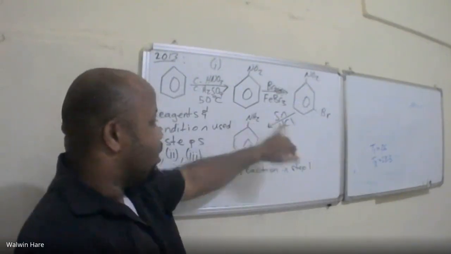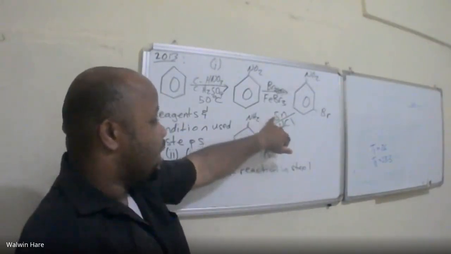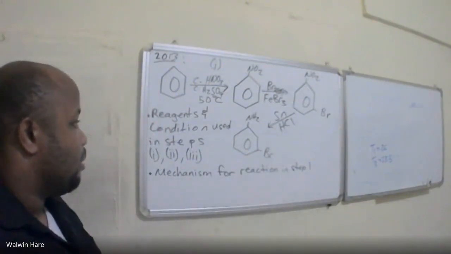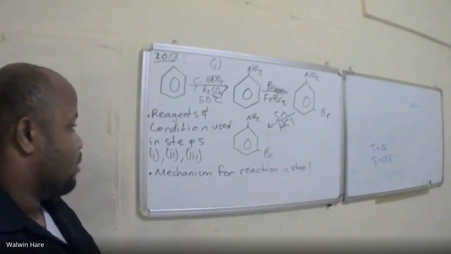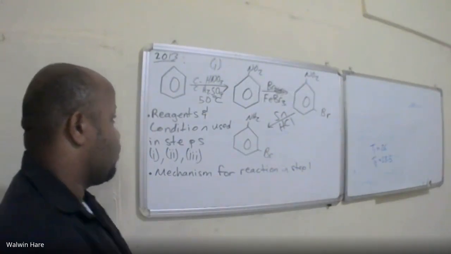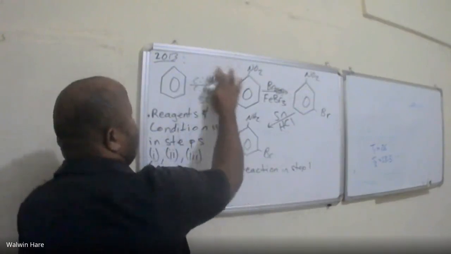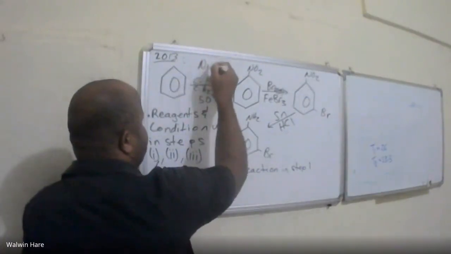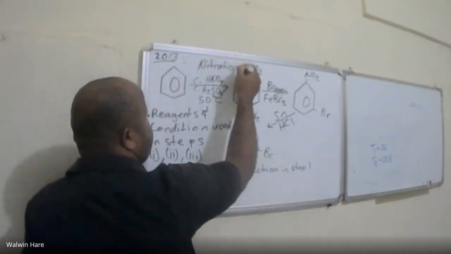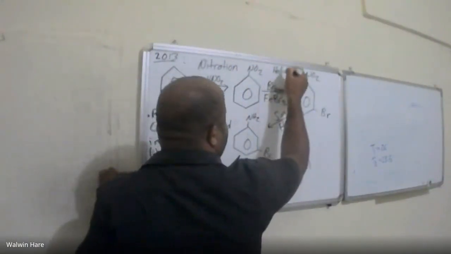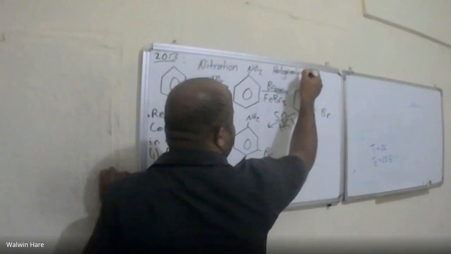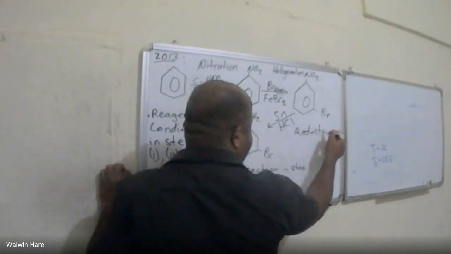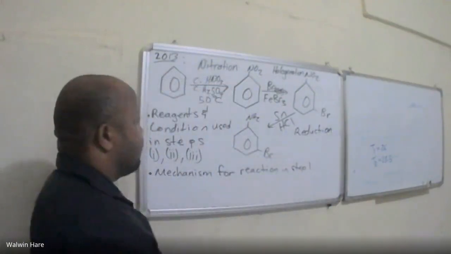And we use tin, the symbol for tin is Sn. So it's tin and HCl. Alright. So step 1 is nitration, halogenation, and reduction. Those are the three reactions taking place.